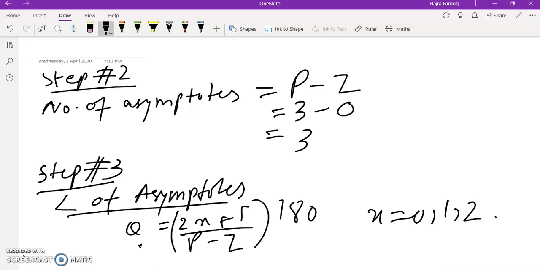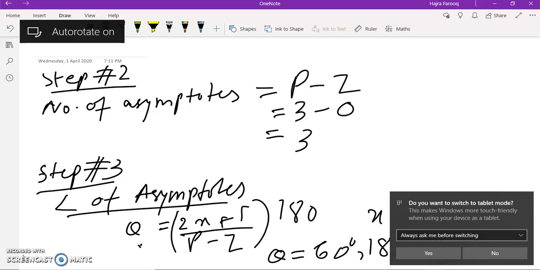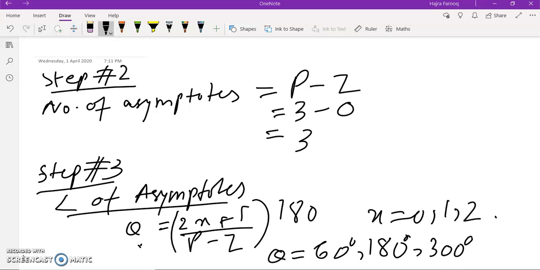For p minus z, as we have calculated, it is 3, so the angles that we are going to get are 60 degrees, 180 degrees and 300 degrees. You can substitute 0, 1 and 2 respectively, and you will calculate these 3 angles.